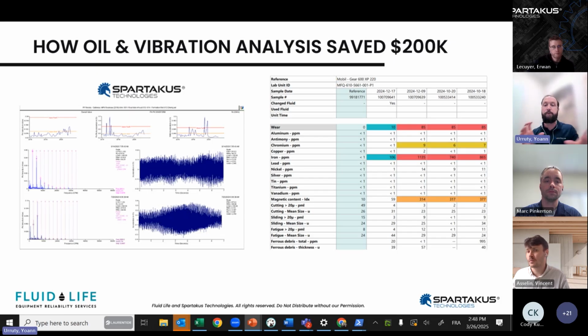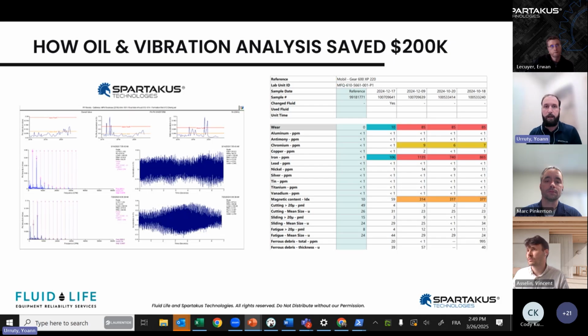These two visuals come from our Spartacus software. Everything was in there, so it was very easy for the reliability engineers to pinpoint what the actual problem was, right? There was a set of gears that needed to be replaced. So we were able to find that in advance, have the ability to plan and schedule the replacement of the gear set, and do it at the best time possible.